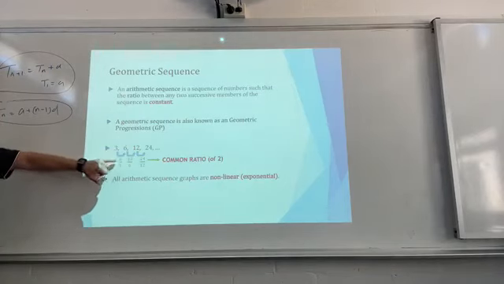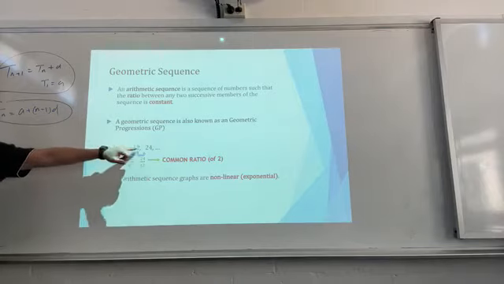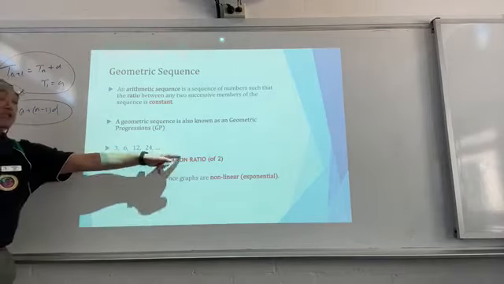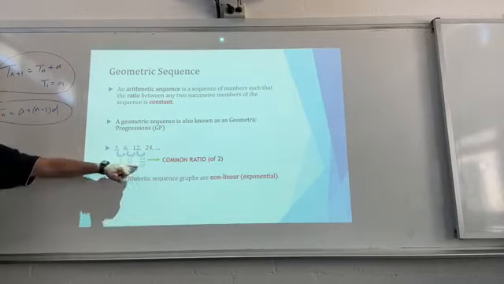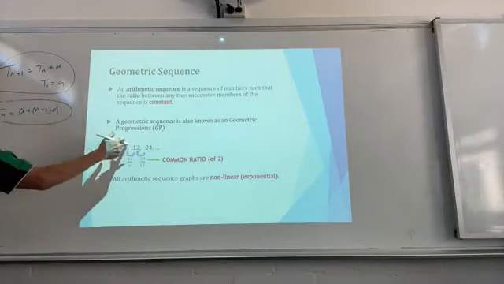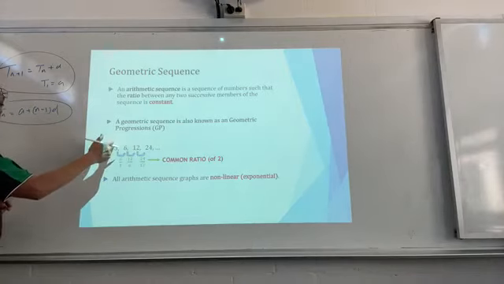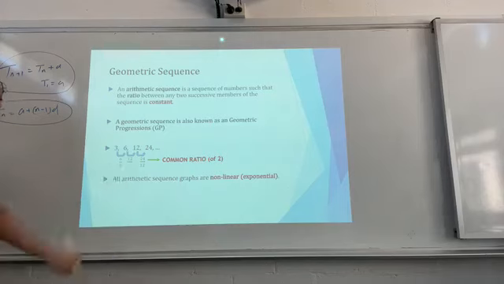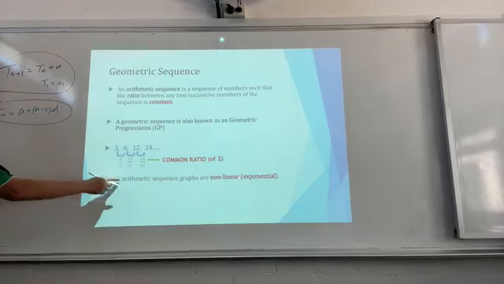You will get 6 divided by 3, which is 2. 12 divided by 6, which is 2. 24 divided by 12, which is 2. This is how you find the ratio: the second number divided by the first number, or the third divided by the second number, and so on and so forth.